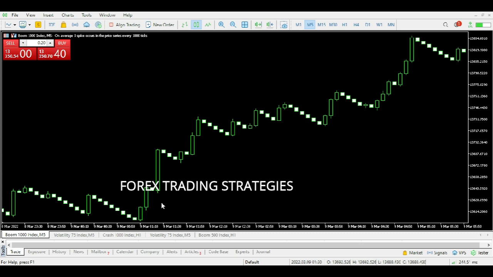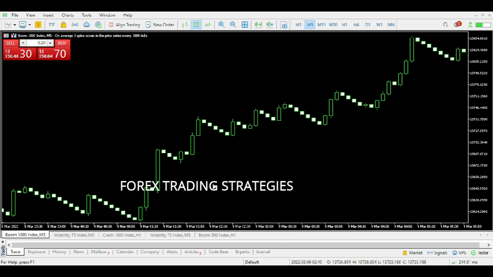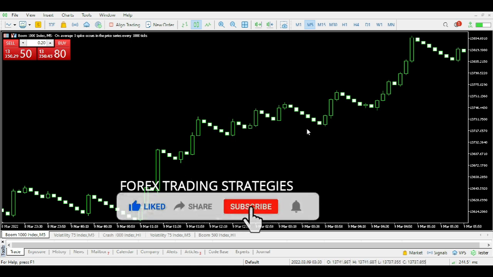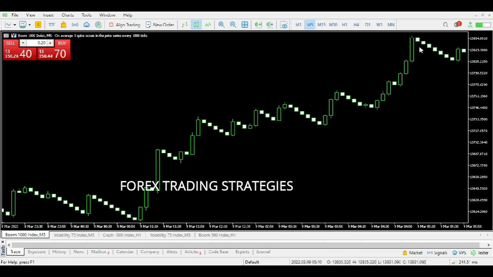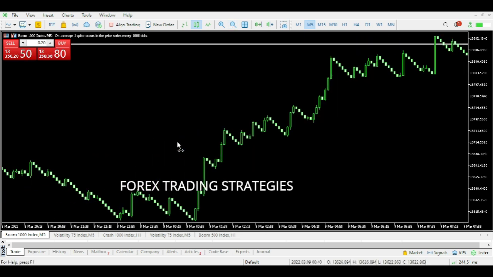This robot is going to specifically trade boom. So I'm not looking for sales. I'm not looking to trade these retracement candles as such. I don't care about them. What we are looking for is just these spikes going up. The spikes going up.